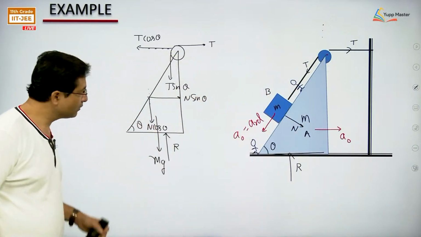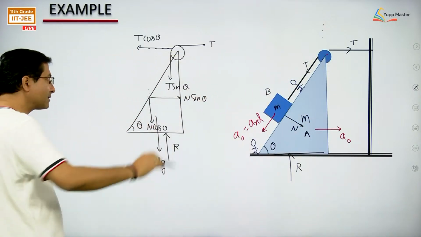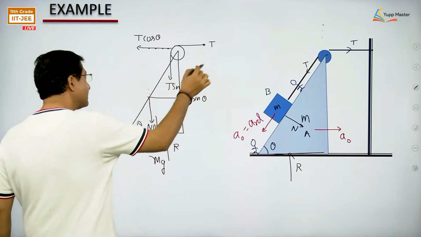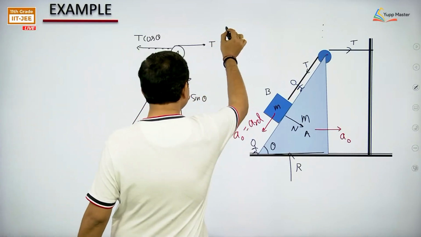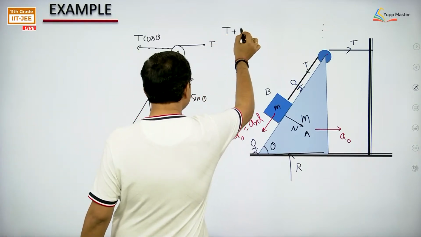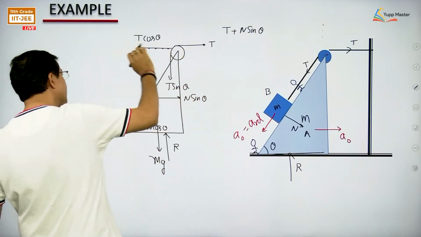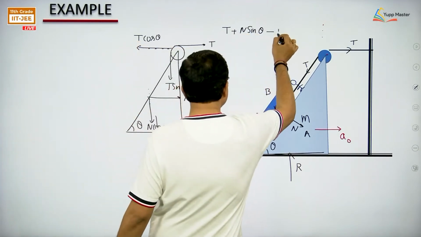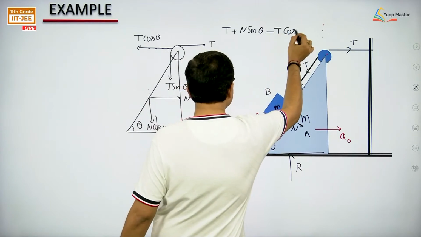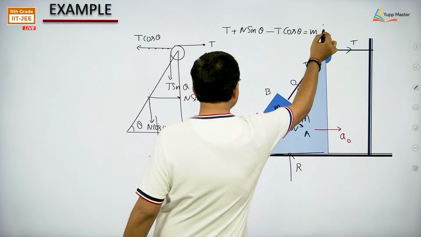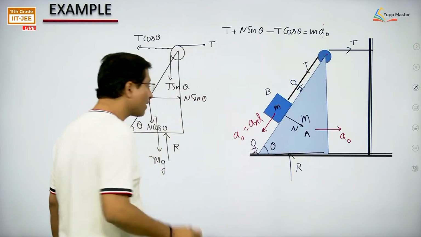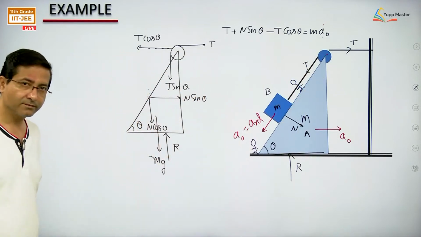So look at the free body diagram in x direction, T and N sin theta. So the first equation I am going to write: T plus N sin theta, opposite direction T cos theta, minus T cos theta is equal to mass into acceleration. Simple equation, right?